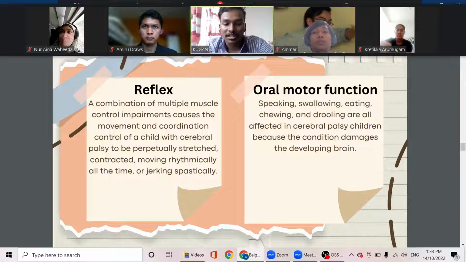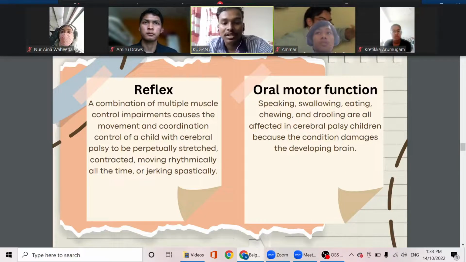They can't react as fast as a normal person because of the low impulses in the brain affected by cerebral palsy.